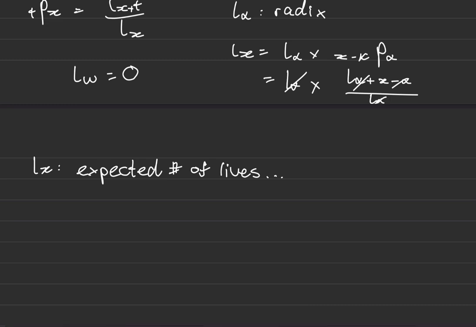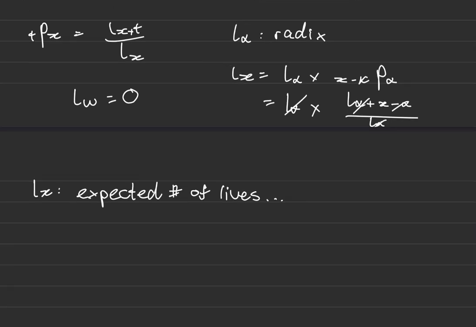Take careful note, it's the expected number of lives, not just the number of lives, because number of lives refers to there being a specific population. But as I explained with this radix, we're not actually referring to a population. It's just that in order to have a reference category, we have to have this radix. And so there's no set population number. We're just interested in one individual, and we're using theoretical numbers in a population in order to define that.